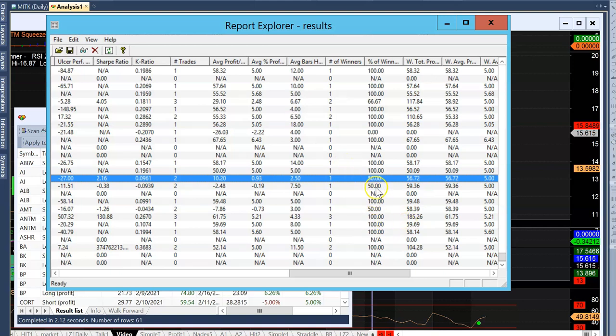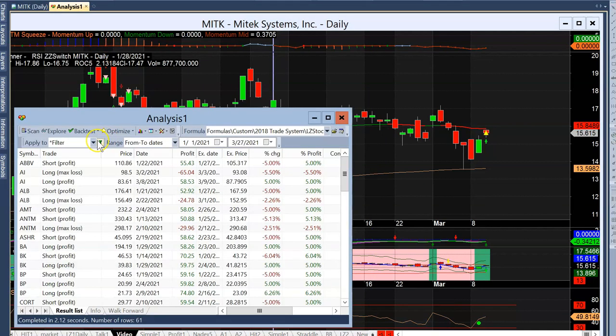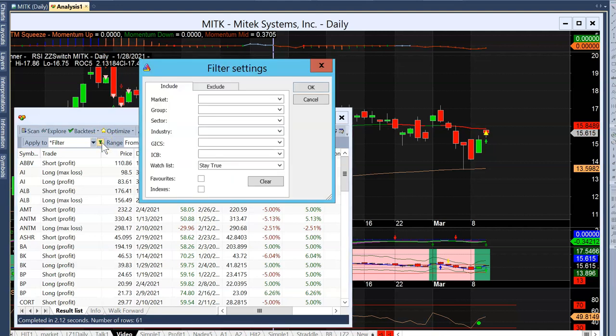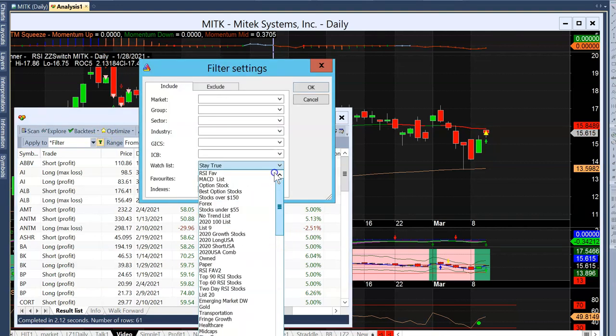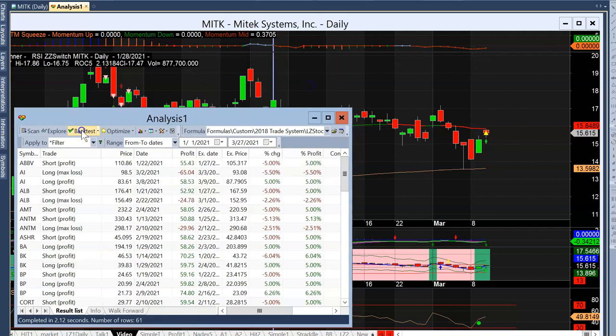Once I put those stocks that I pick out in a list, it's RSI favorite, and then I have an MACD favorite, and then I have another one called Stay True, in the top 40. So once I've got that, I'm going to select my best. There's my Stay True. I'm going to select my favorite and say okay, and run a back test.